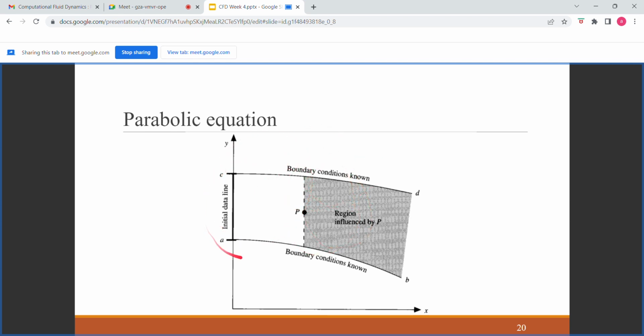So the boundary condition can be taken from any of these points, that is the parabolic equation.